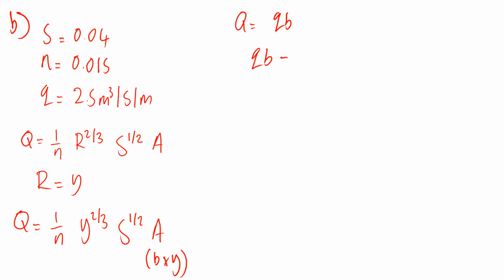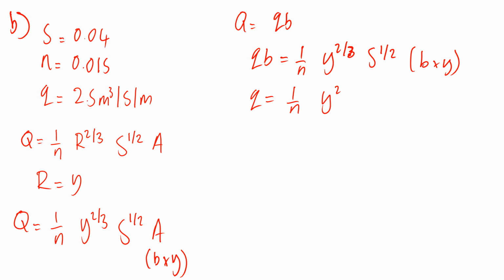Q over B is equal to 1 over n, Y to the 2 over 3, S to the half, times Y. Now B cancels, so you're left with q equals 1 over n, Y to the 2 over 3, S to the half, Y. Collecting Y, q equals 1 over n, collecting that with this one, 2 over 3 plus 1, so you get Y to the 5 over 3, S to the half.